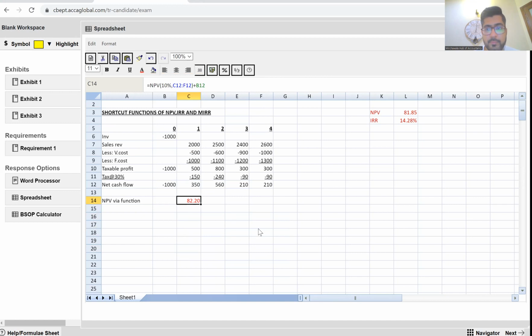See, 81.85 was here, 82.20. It's almost the same. So just try to understand how much time you got saved.